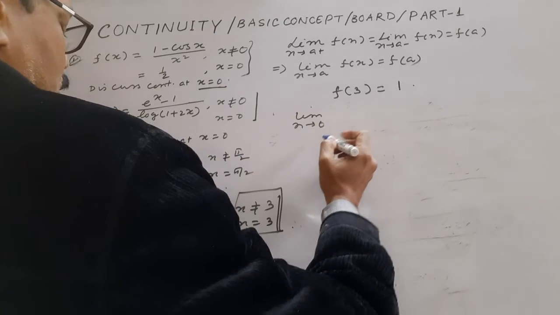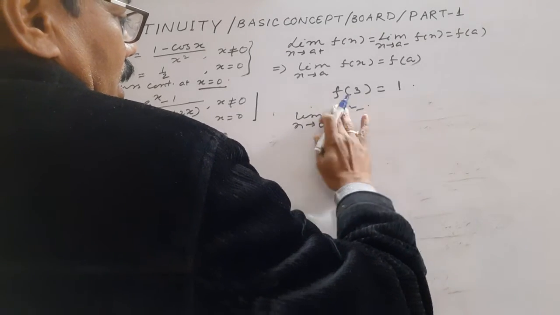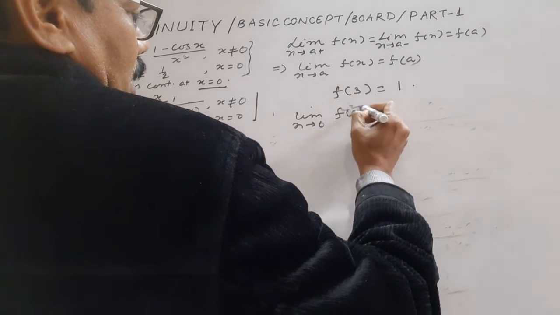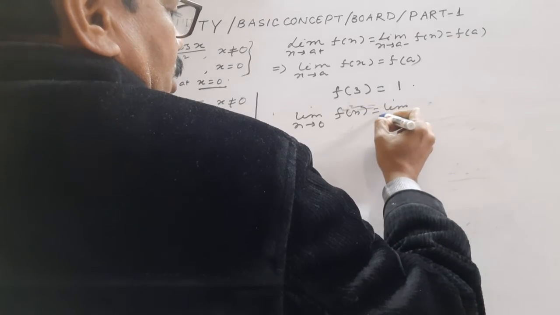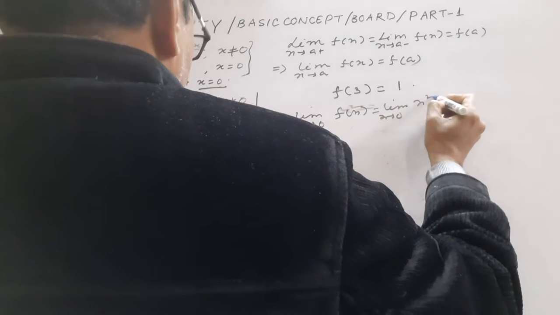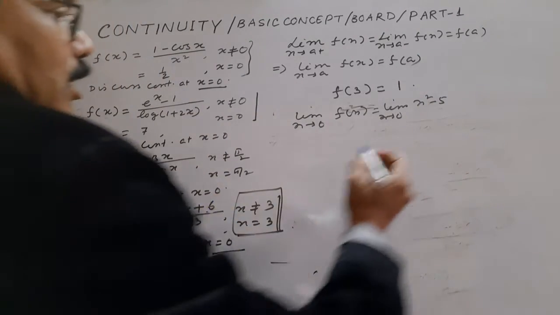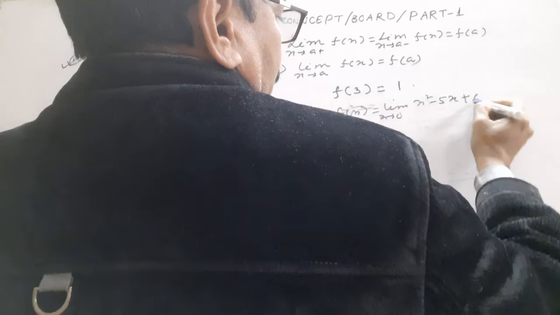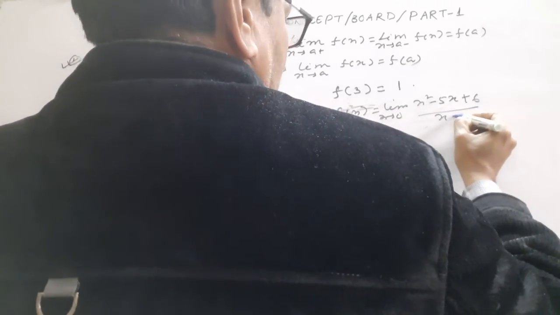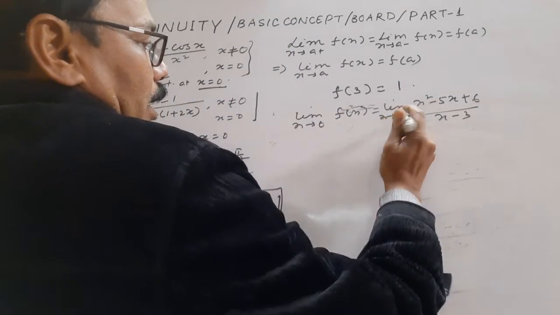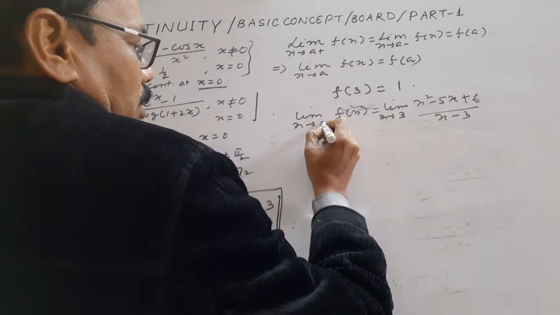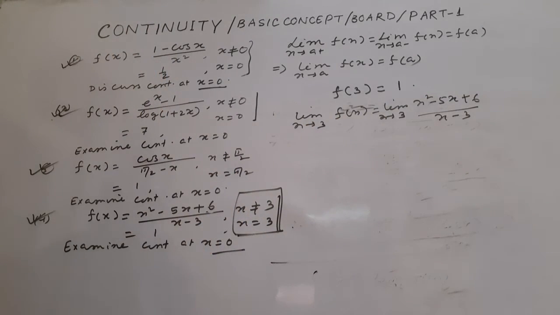Limit x tends to 3 fx equals to limit x tends to 3 x square minus 5x plus 6 by x minus 3. This is x tends to 3 because the point is 3.